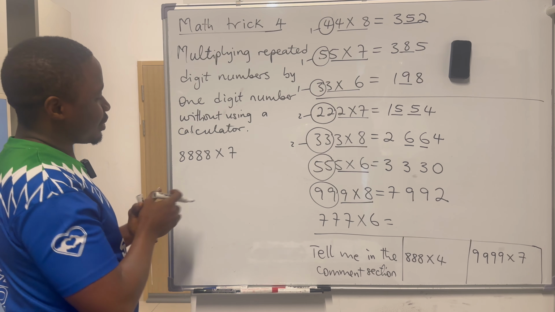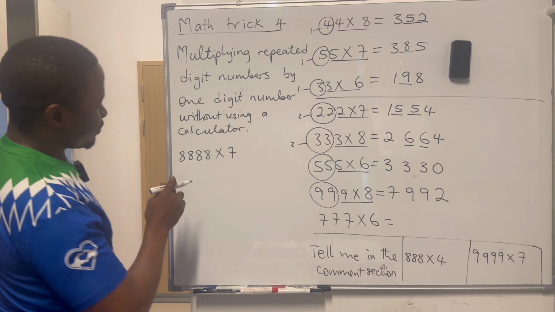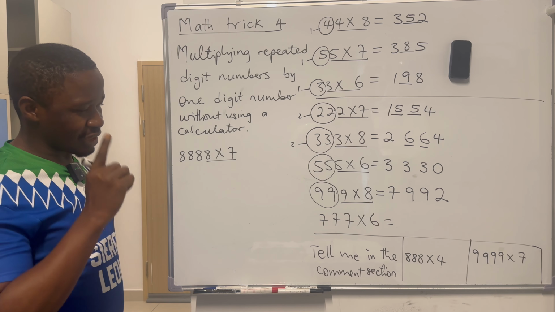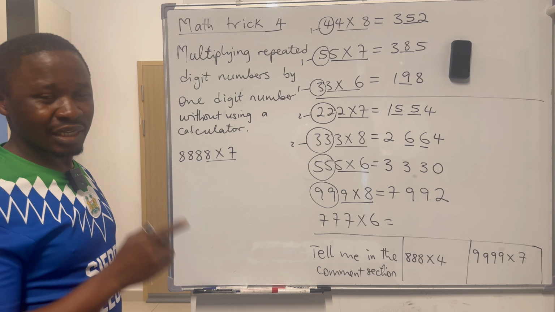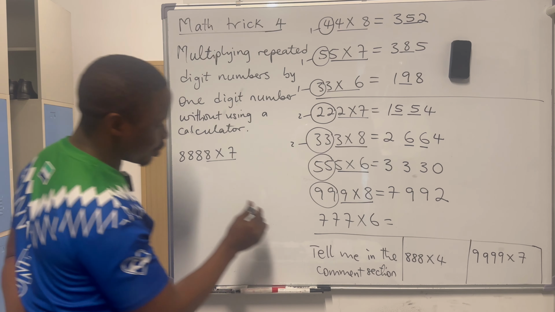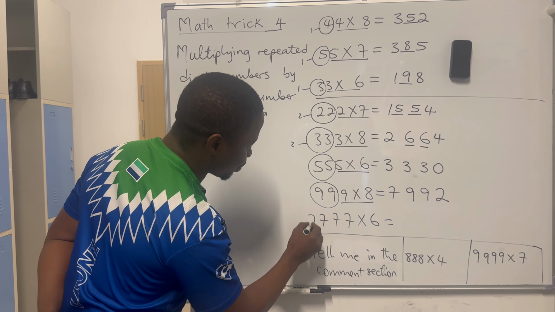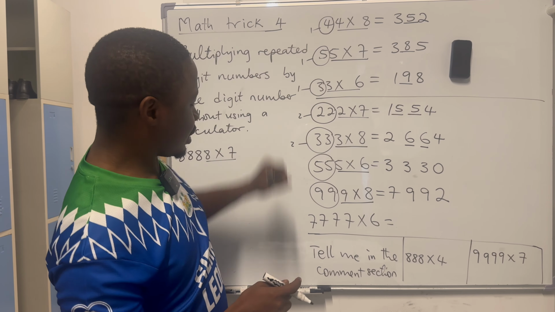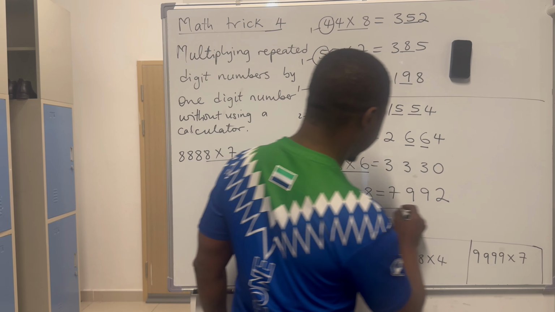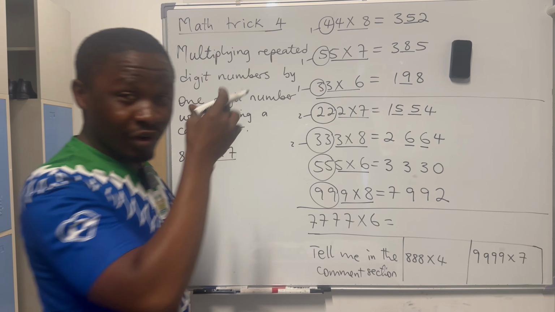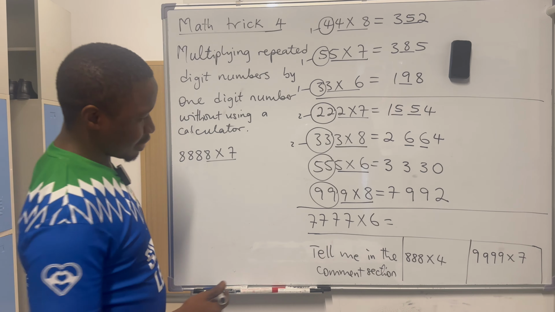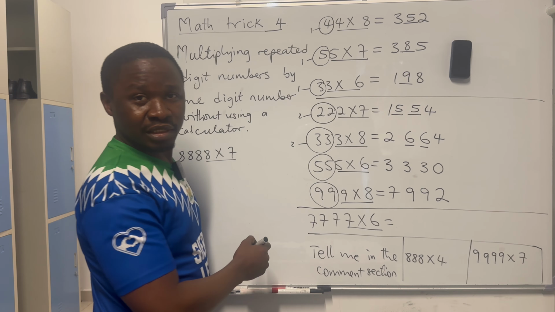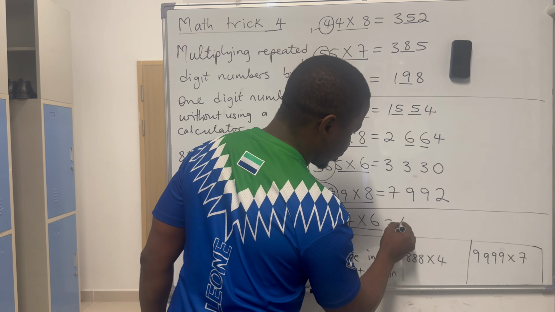Now let us see here. 8 times 7 is 56. Okay, excuse me. I was planning to do 4 digits because here are 2 digits. Let this one be 4 digits. Okay. 7 times 6 is 42.